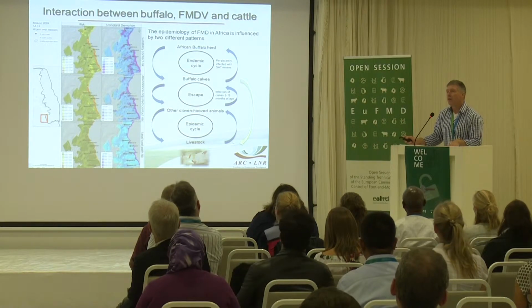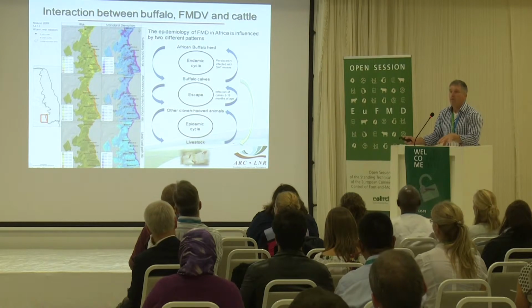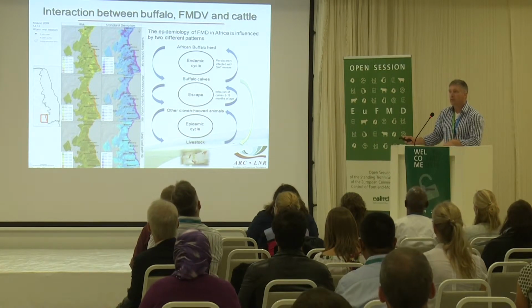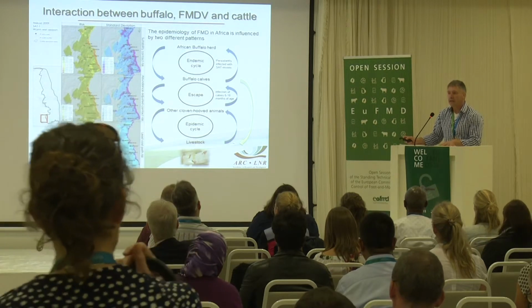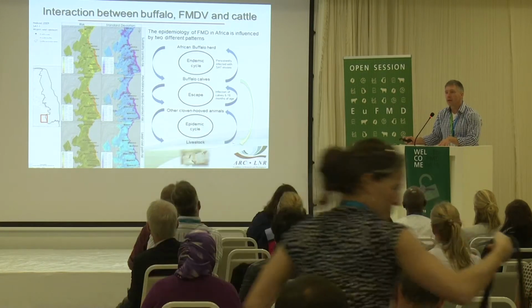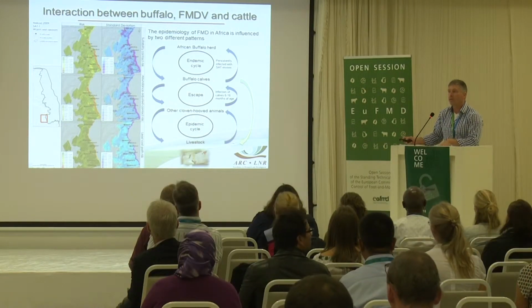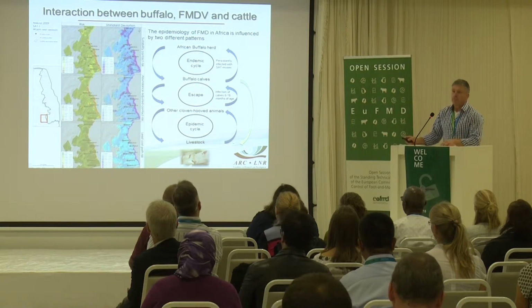It's about 300,000 cattle that we have to vaccinate. However, we have 3 SAT serotypes of FMDV, SAT 1, 2, and 3, that we have to create an immune barrier for in order to make the vaccines effective.